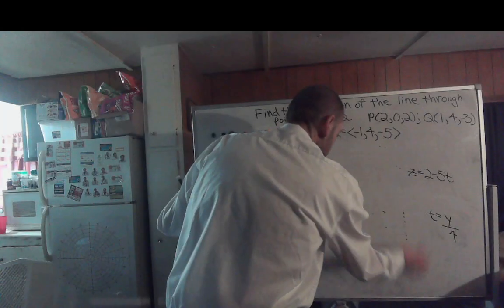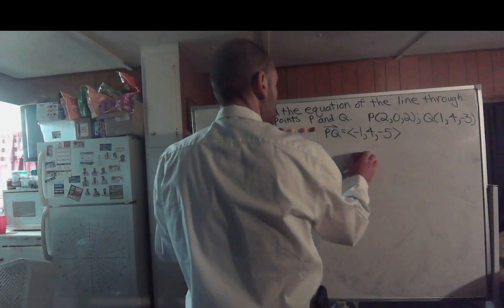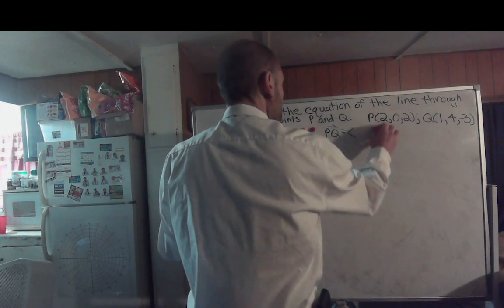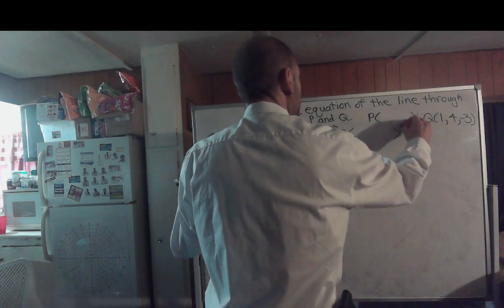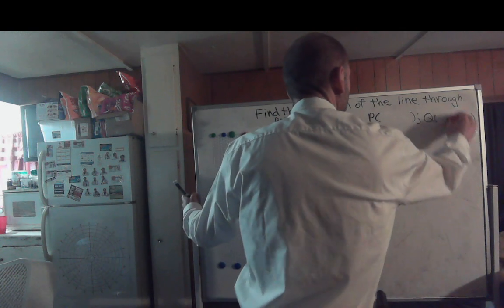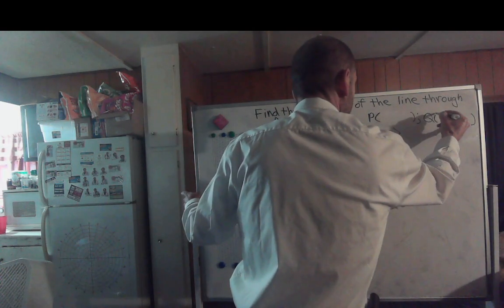As you see, it's really not as bad as it looks. So let's get a point P and a point Q. We're going to find the equation through two more points here. The equation of a line through 2 points.